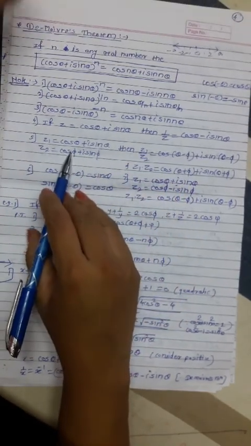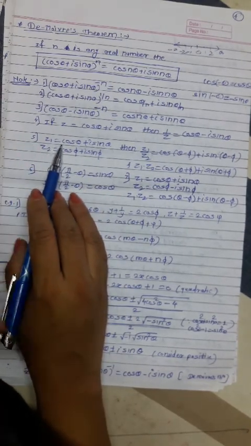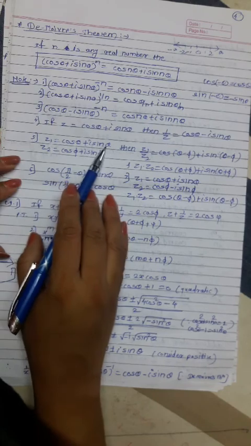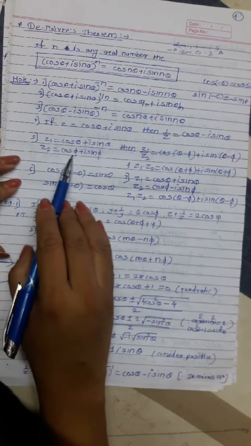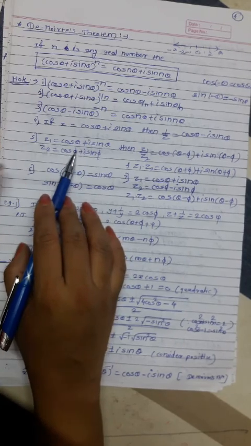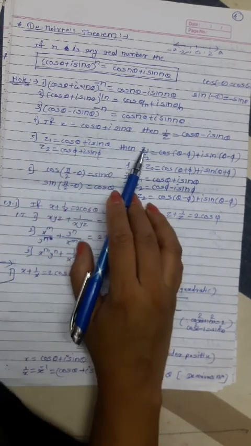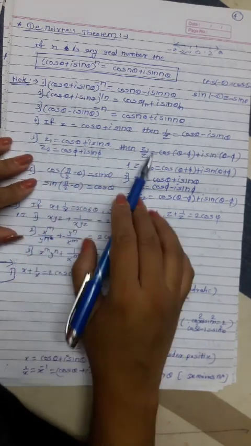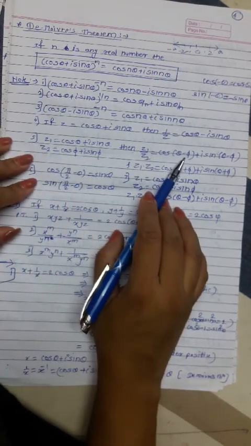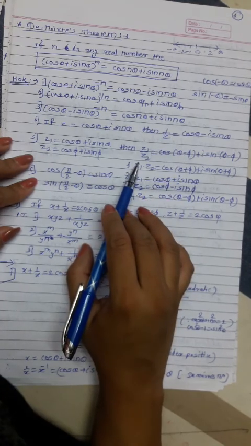Now consider this. If z1 is one complex number, cos theta plus i sin theta, and z2 is, suppose, cos phi plus i sin phi, just a notation, the angles are different for z1 and z2 of course, then z1 upon z2, the division of these two, becomes subtraction of the angles. What do you mean by division?